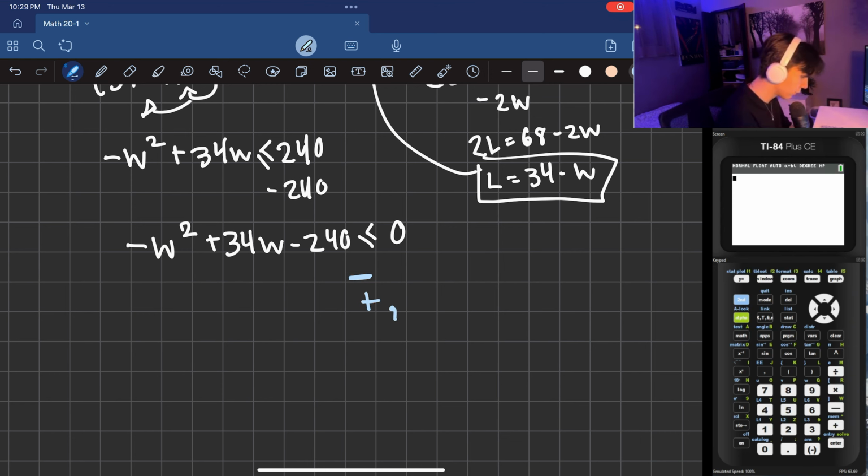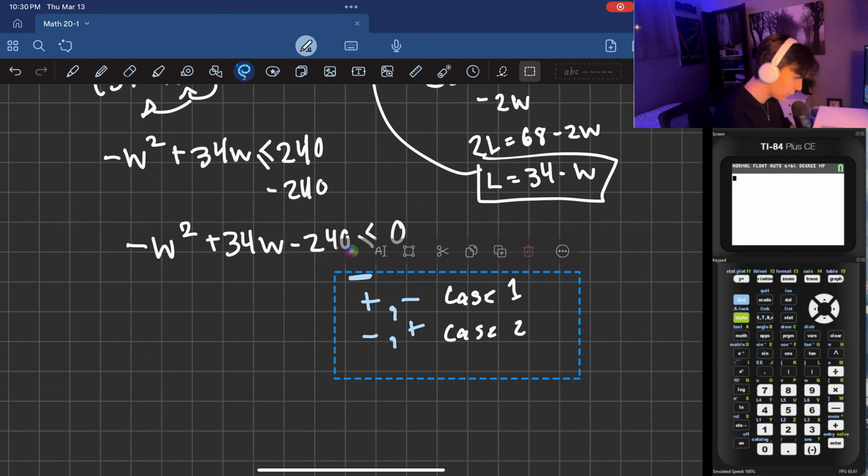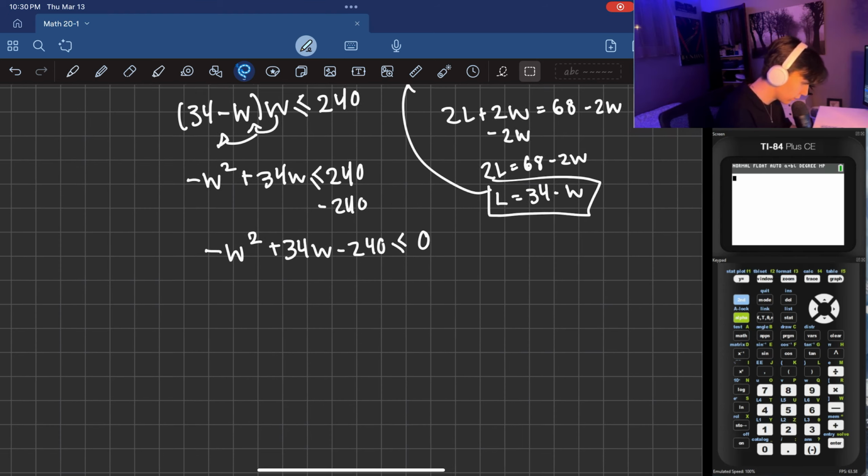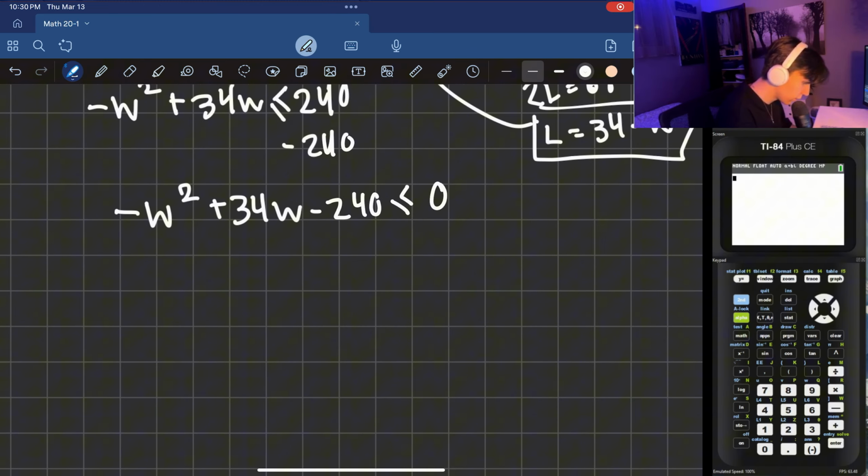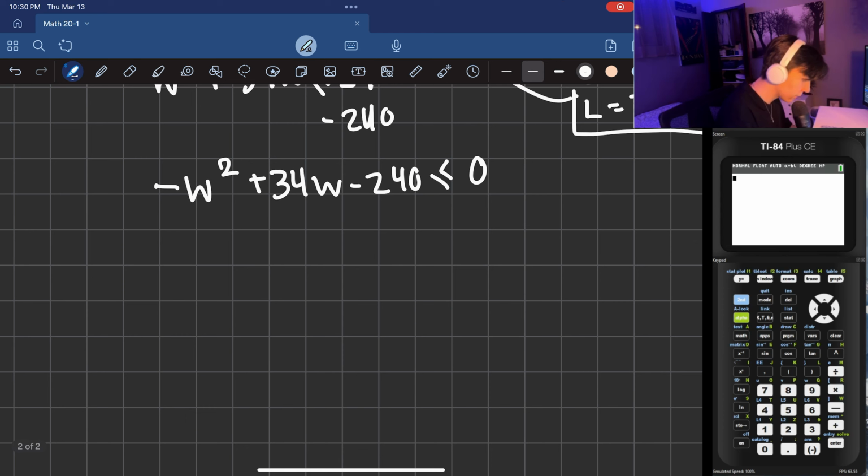So if we have a negative, then that means both of our factors are being multiplied. So one is going to be a positive and a negative, the other one is going to be a negative and a positive. Remember the two cases, right, with multiplication. So case 1 and case 2, respectively.